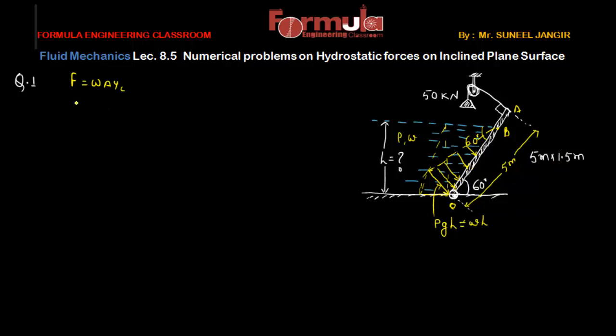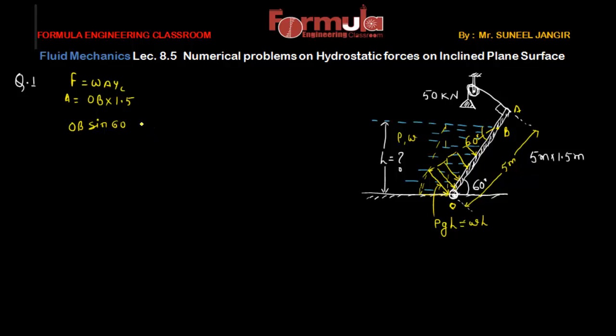So area is OB into 1.5. Let's find OB in terms of h. I think OB is h over sine 60.